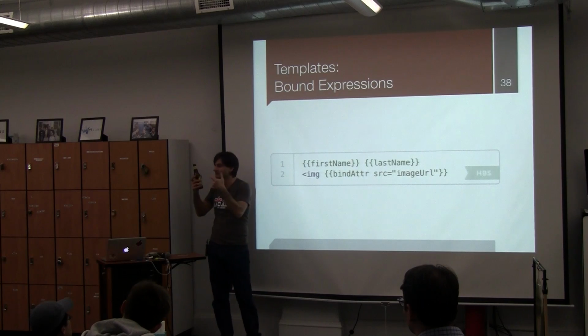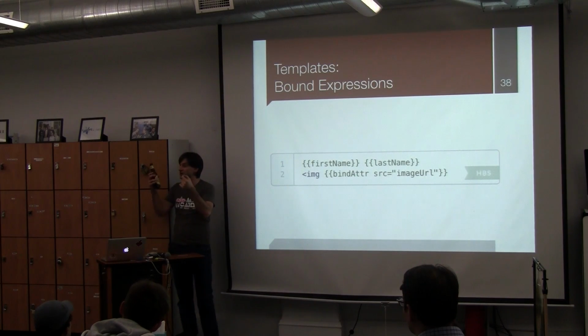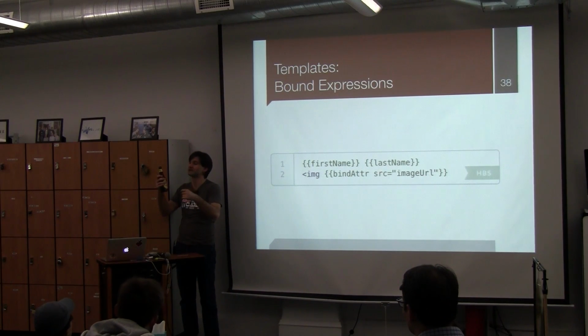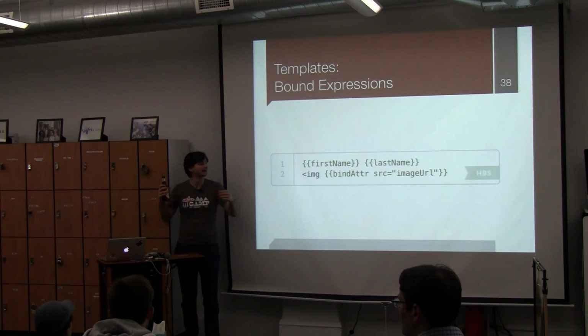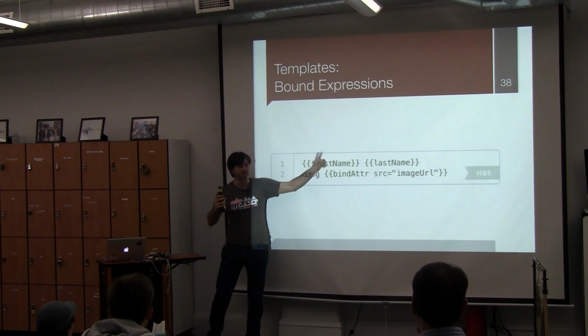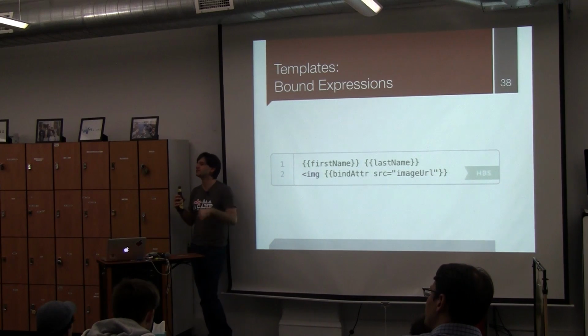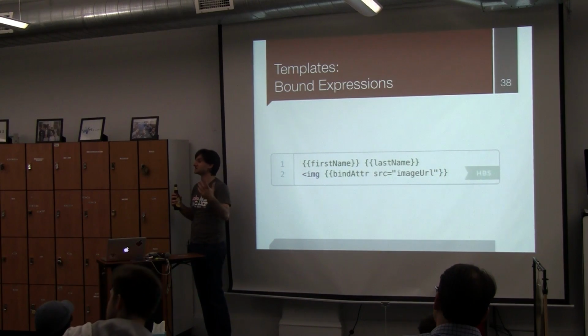I'm going to put in a couple of invisible markings so that I know what to update when first name changes, and I'm going to install an observer or a binding so that I know when first name changes. It's going to repeat that each time it sees one of these double curly braces, then it knows that it's got to do its magic there.